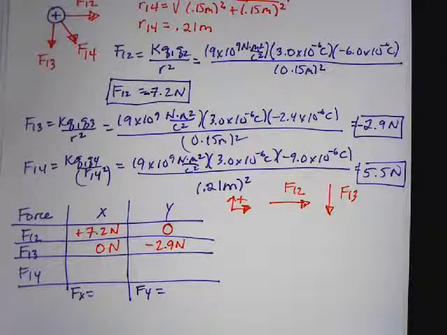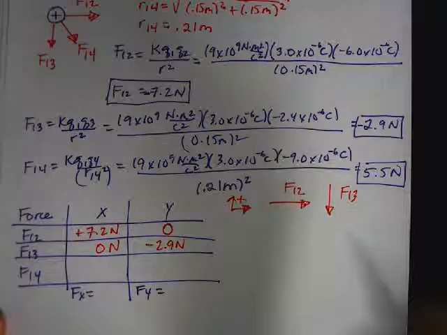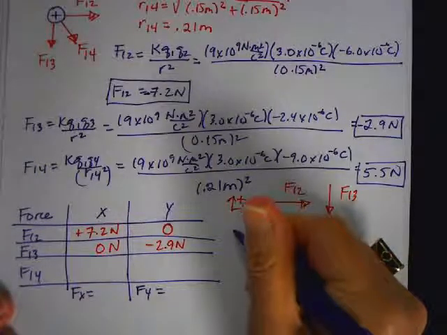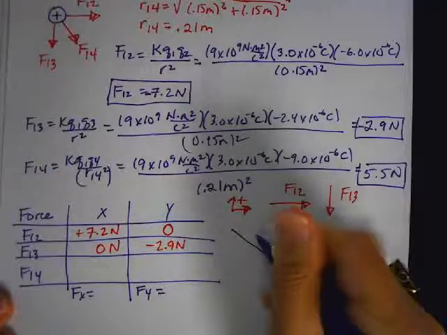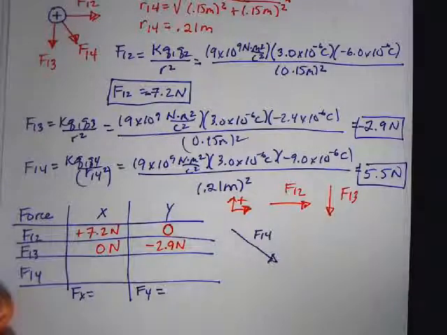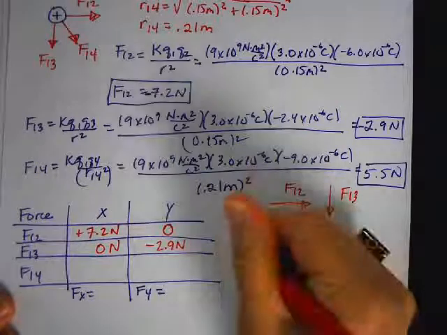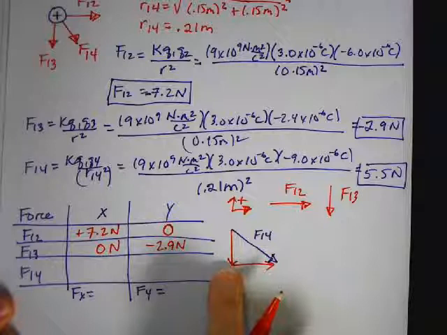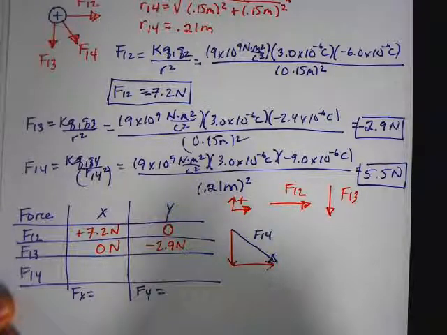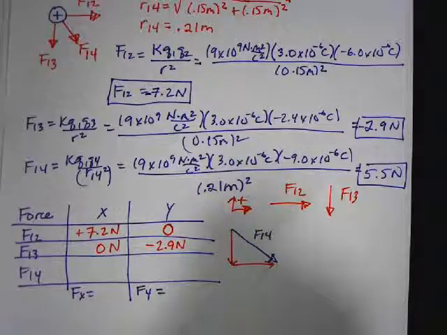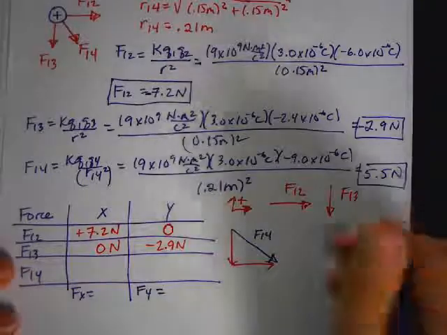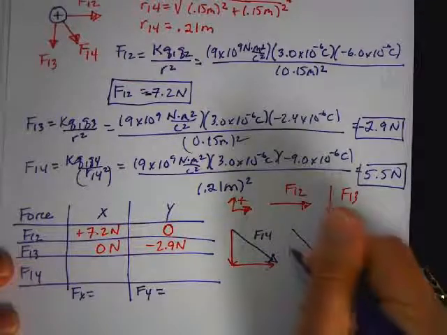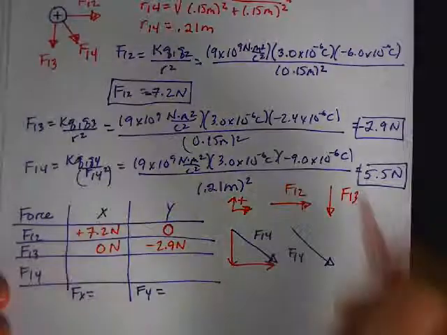Now, F14, that one's not so easy. F14 looks like this. In order to put it in chart form, I'm going to have to do something called vector resolution. I'm going to find the horizontal and vertical components of that. And if that confuses you, remember, it doesn't matter which way. When I have F14, this is where I start.